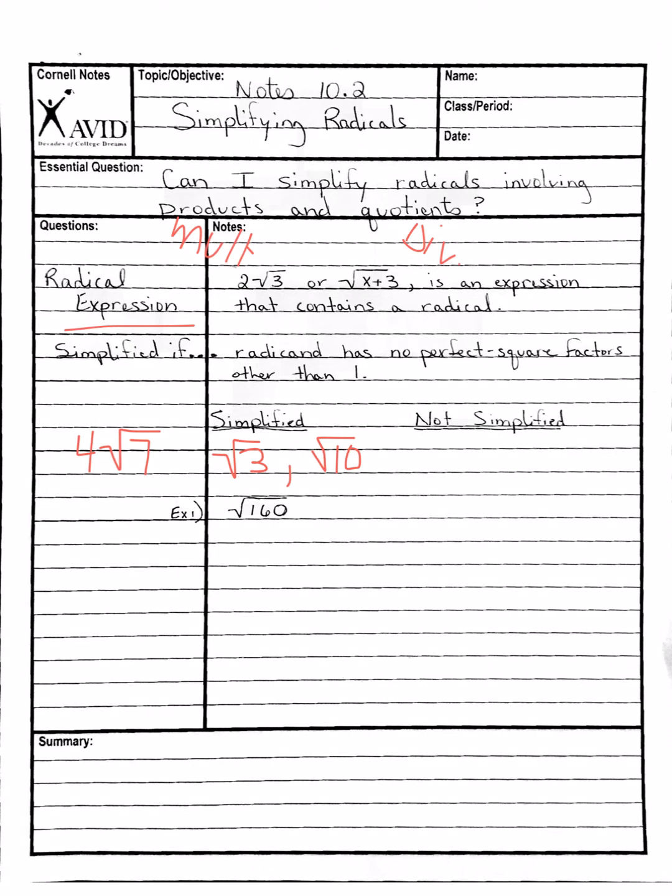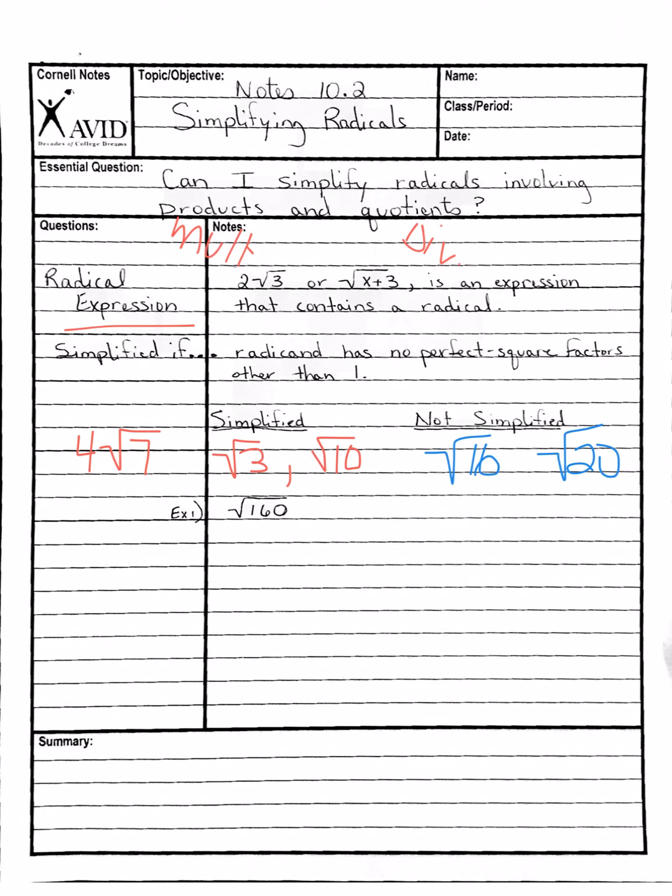Those are simplified radicals. Something that would not be simplified would be the square root of 16, because we know what the square root of 16 is. The square root of 20 is not simplified. So we'll start to talk about those as well.